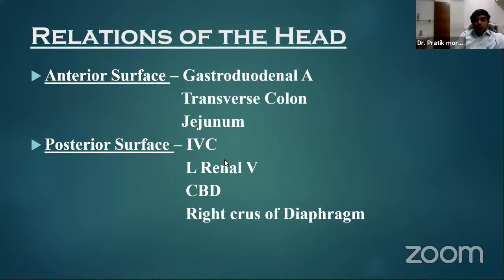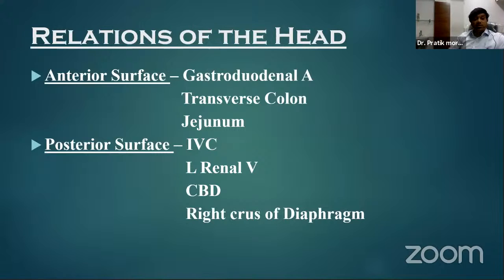So the IVC, the inferior vena cava, you can see on the posterior aspect. Your IVC and your abdominal aorta will always be present on the extreme posterior. That's why you will see the IVC and abdominal aorta in relation to the fellow organ, the duodenum also, or else the portal vein.